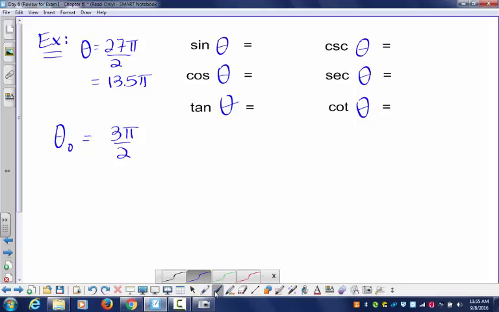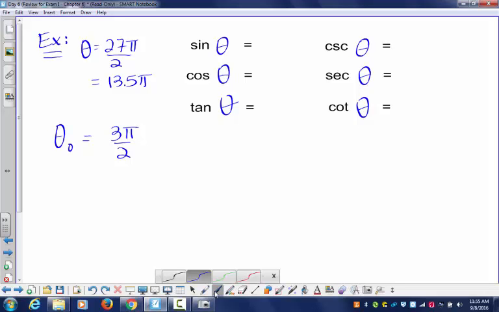So if I divide the 2 in there, we can think of this as 13.5 pi. And then we want to subtract off 2 pi until we get to an angle that's between 0 and 2 pi. So if we have 13.5 pi, the next smaller coterminal angle will be 13.5 pi minus 2 pi, which is 11.5 pi.